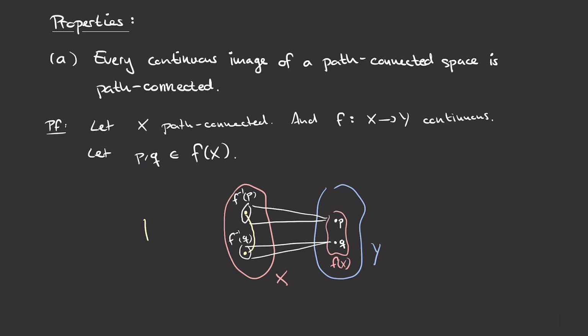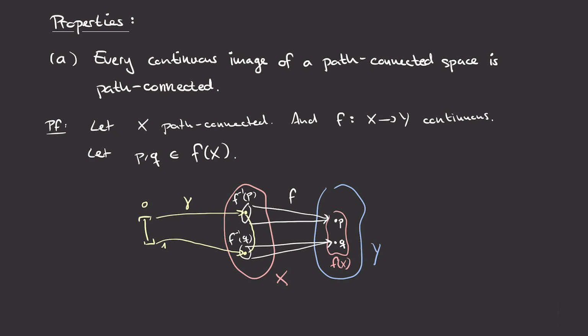So concretely, this means that there's a continuous map going from the unit interval to X that maps 1 to this point I've chosen in the pre-image of Q, and 0 to this point I've chosen in the pre-image of P. So the white arrows here, these are f, and this yellow stuff is gamma, which is going to be the path going from this point in the pre-image of P to the point in the pre-image of Q.